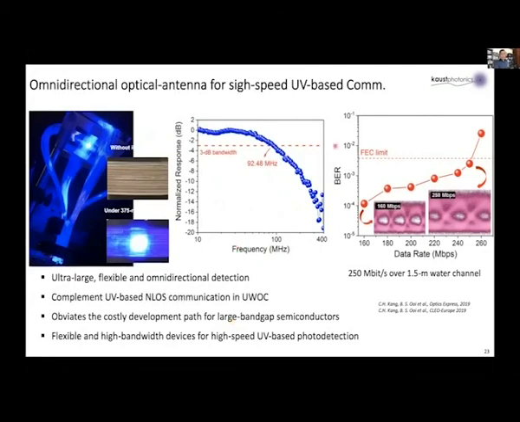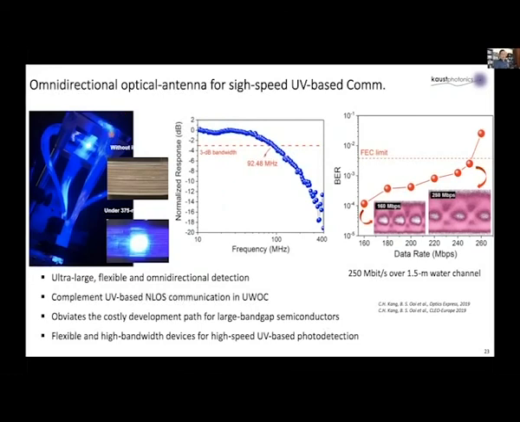We also have other work on omnidirectional PD. In this case, we use something quite similar to what Facebook has been reporting, the scintillating fiber, to enlarge the detection area and then guide some of that light into a small APD that sits somewhere here.